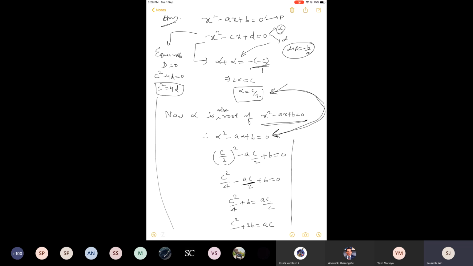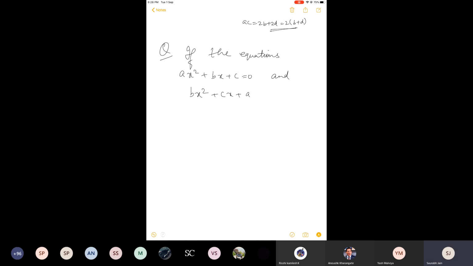Okay, let me take a similar question. I hope you will solve this. If the equations ax square plus bx plus c equal to 0 and bx square plus cx plus a equal to 0, such that a not equal to 0, have a common root.